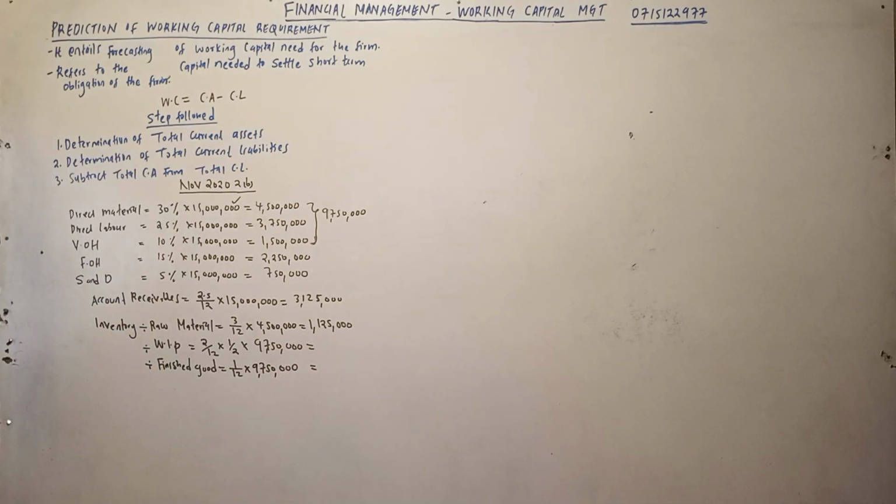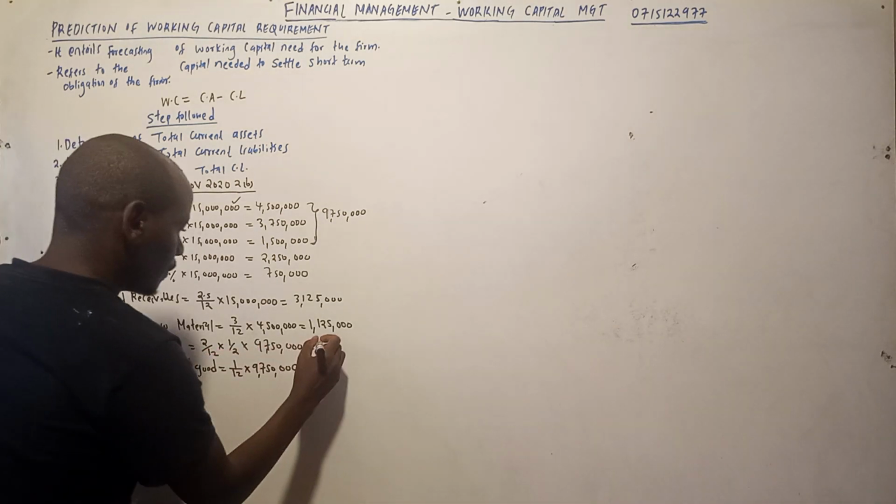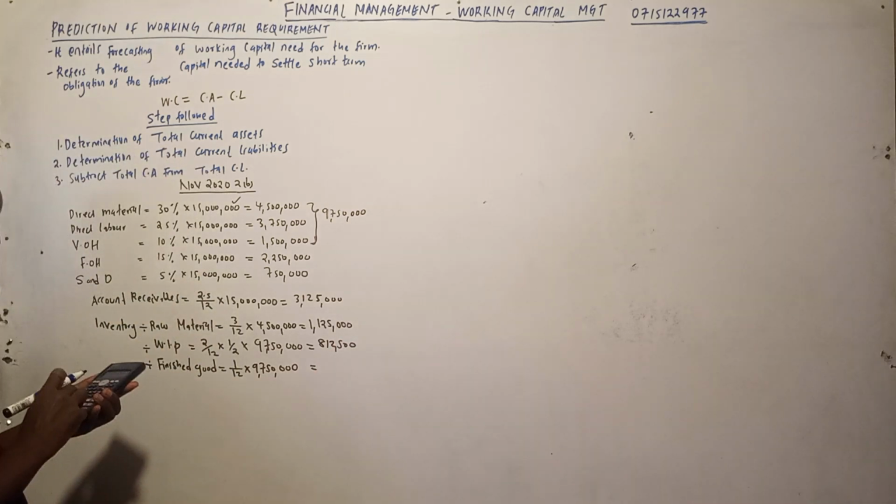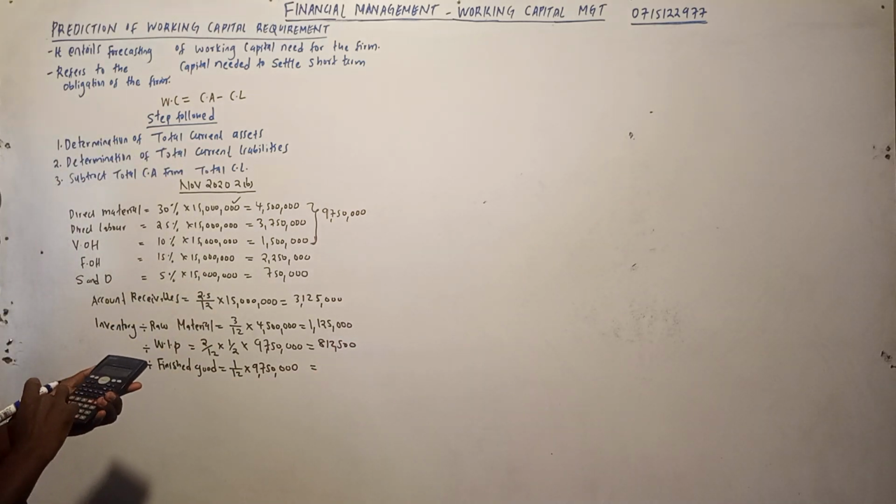So 2 over 12 times 1 over 2 times 9,750,000. I get 812,500. Alternatively, 9,750,000 divided by 12 gives the same 812,500.